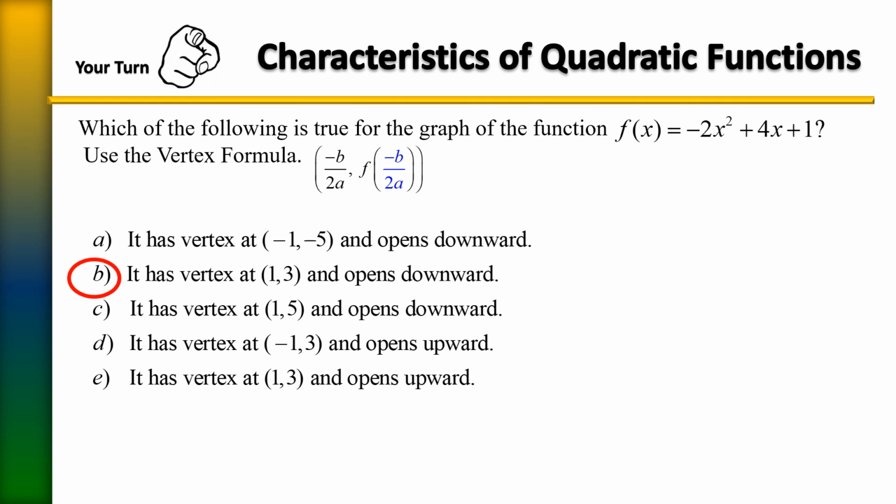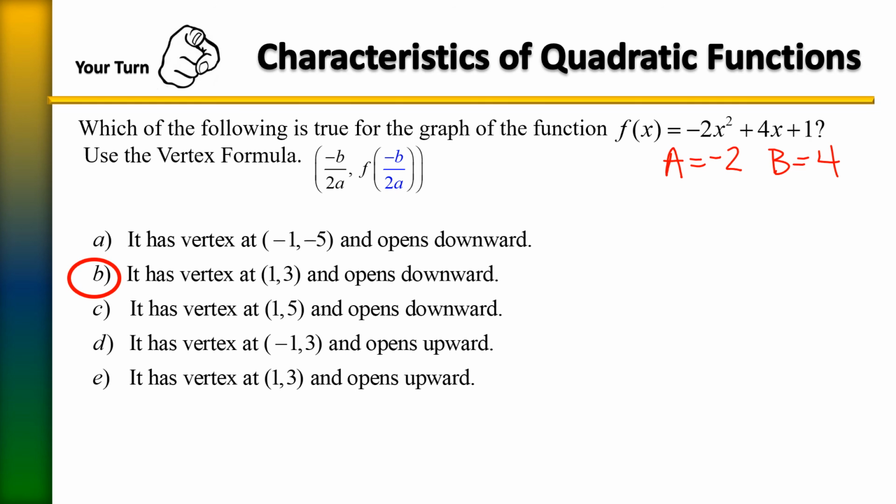Okay, now in case you want to know why it's B, well, let's go over it and see how you did there. So if we look at our equation that we're given, we can see that a is negative 2 and b is 4. We don't even need to know what c is because c is not even part of the vertex formula.